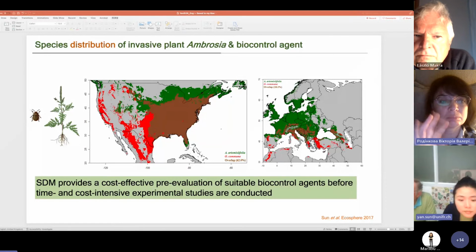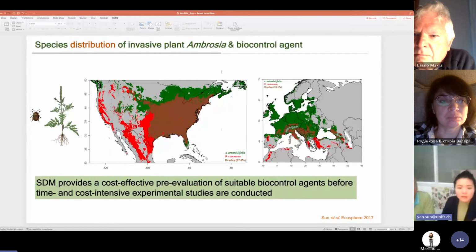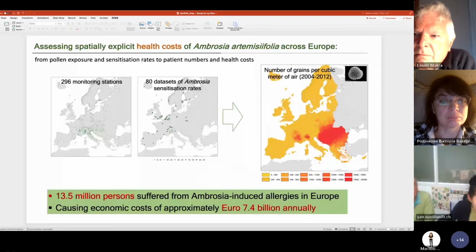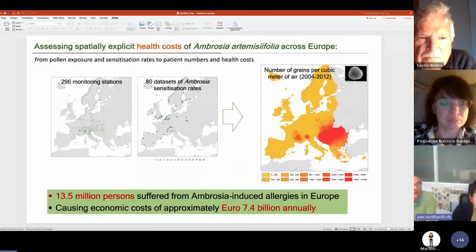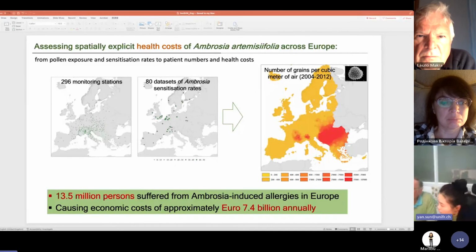Then the next one: where did you take data of the pollen for Ambrosia? This is based on this Nature Communications paper. Jen, can you still show how many pollen stations we had? We had nearly 300 pollen monitoring stations across Europe, and we had 80 data sets from hospitals about sensitization rates.